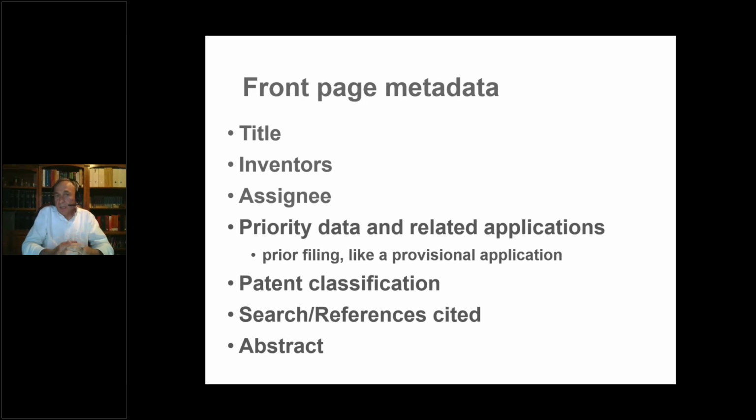And that could be a provisional patent application, which is a type of patent application that you can file quickly and cheaply to get a place in the queue. And it does start the clock ticking for your publication date. Another field following that is the patent classification. And then we'll have a section about searching and references, and then comes the abstract.